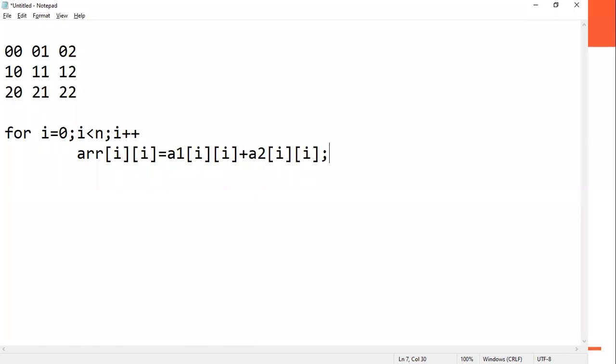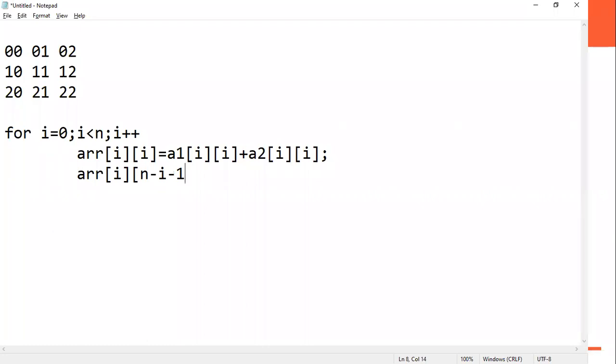Maybe I can add the secondary diagonal also. How can I add? What are the indexes of the secondary diagonal? 0,2. When i is 0, j is 2. So I'll write arr of i, and what about j? It is very simple: n minus i minus 1. What is n?